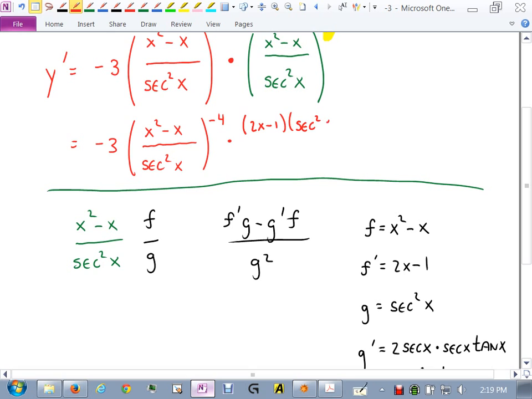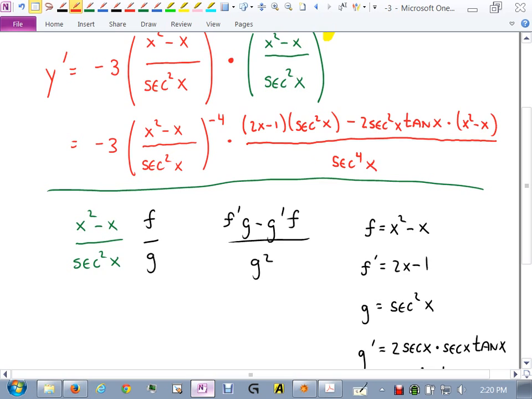Minus the derivative of secant squared x, g prime, which was 2 secant squared x tan x, times f, which is x squared minus x, I'll put that in parentheses, all over secant to the 4th. And that is the raw derivative.